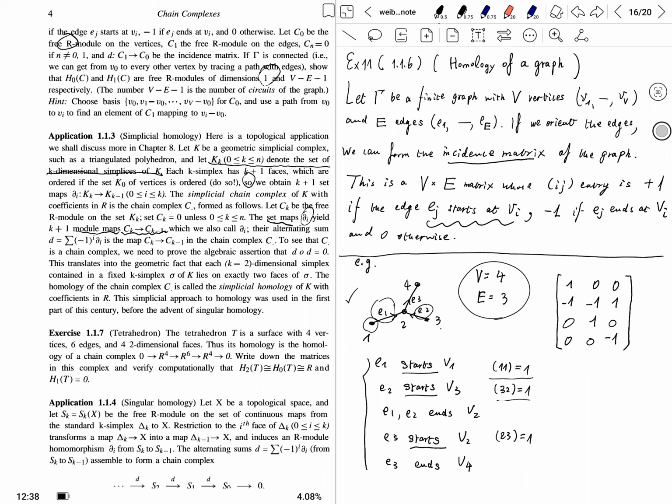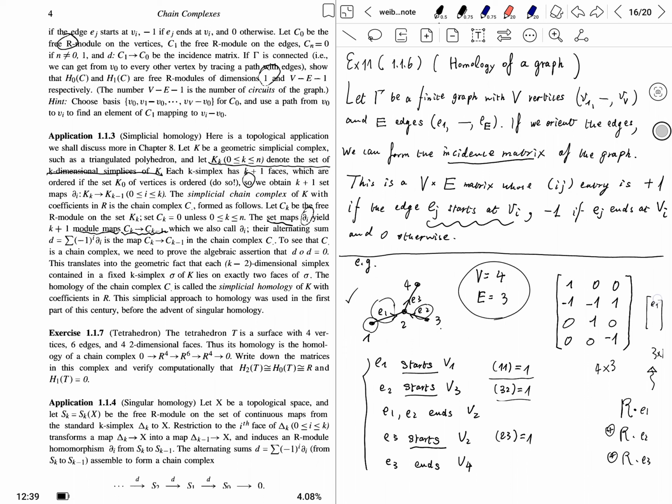And the reason we do this is that when you apply this matrix, a 4 times 3 matrix, to a coordinate, you have to multiply by a 3 times 1 column vector, which is the coordinate vector of the free R module with basis E1, E2, E3, and then what happens would be, for example, let's just take E1.